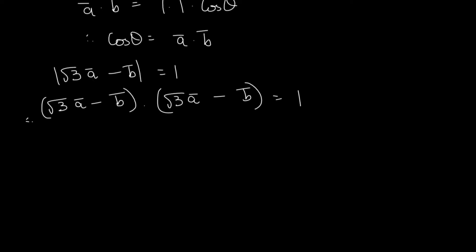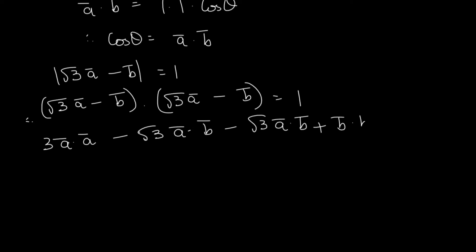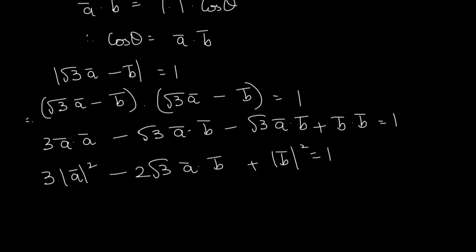Now root 3A dot root 3A becomes 3A dot A minus root 3 A dot B minus root 3 again A dot B or B dot A, one and the same thing, and plus B dot B is equal to 1, and therefore we have 3 mod A square minus 2 root 3 A dot B plus mod B square is equal to 1.